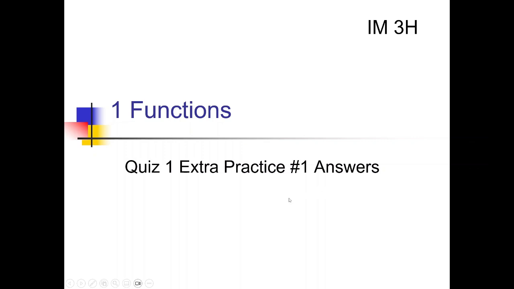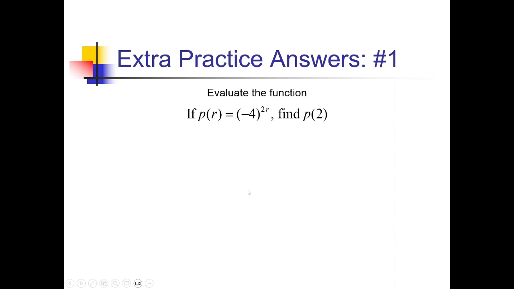Evaluating functions. For all of these problems, we are being given a function and something to plug into the function. So that's what we're going to do on each of these, and then we'll just simplify after we plug in. So if I'm doing p of 2, that means I'm erasing and replacing this r here with 2's wherever I see an r.